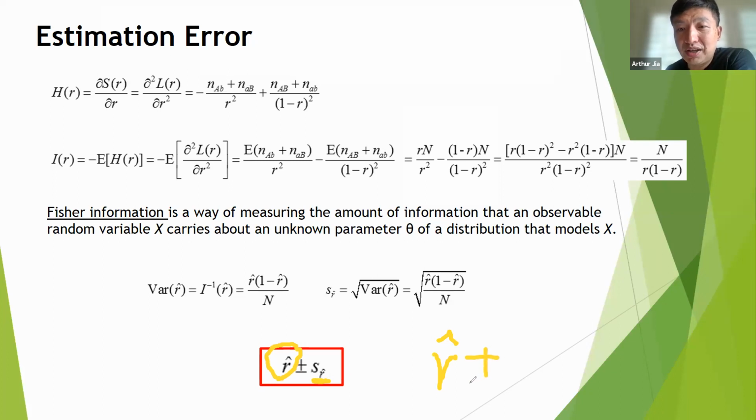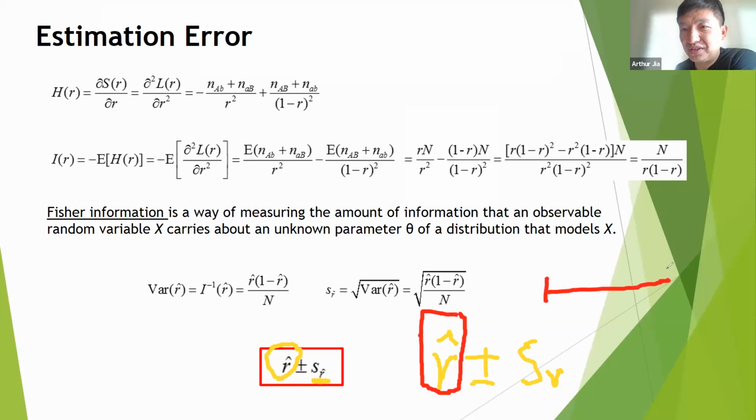So I'm going to give you something like the confidence interval, plus and minus some standard error, right? We let people know that even if this is not the correct answer, the real value for this R is highly likely to fall in this region. So this is the confidence interval.